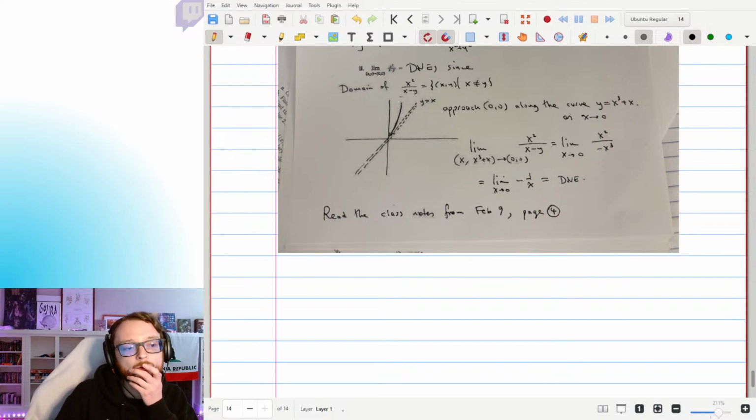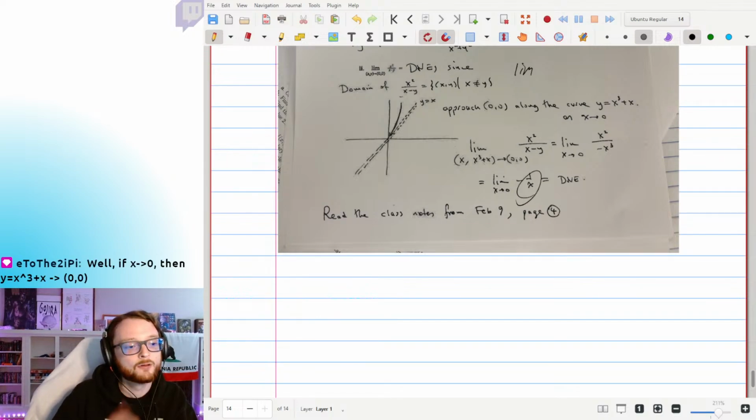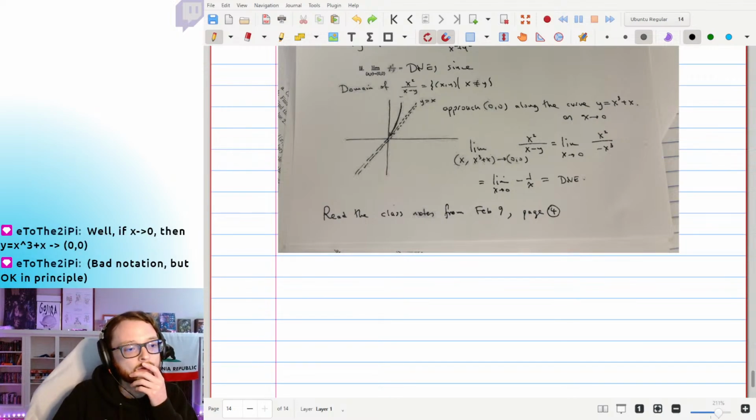Where are you getting positive infinity from, Zach, I guess? If x goes to 0. But yeah, that goes to negative infinity though, does it not? Or the overall limit goes to negative infinity.